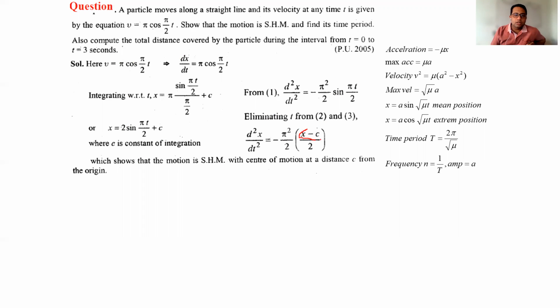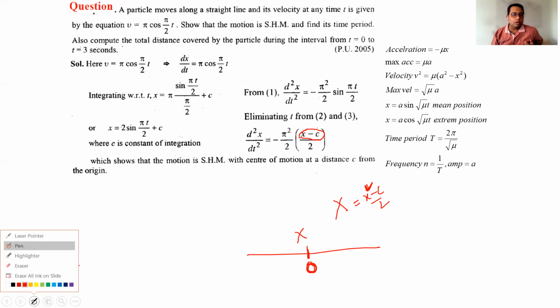The x minus c by 2 is not a problem of any kind, because if we replace capital X with x minus c by 2, that means just the origin has been changed. If we consider this point as the mean position according to capital X, it is at a distance of c units from the origin. So it is not a problem.